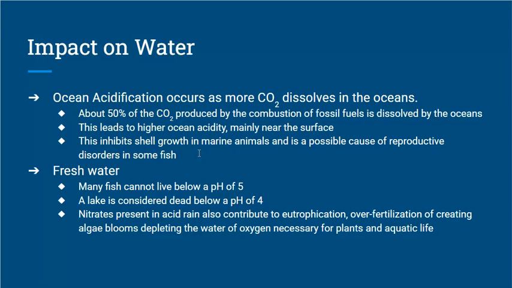And when these algae blooms come, they kind of cover the surface of the water, so sunlight isn't allowed to get through, and the plants and the aquatic life just aren't able to grow anymore. So this is a problem due to acid rain, but also due to the nitrates. And we talked about fertilizers and things when we talked about the Haber-Bosch process. So acid rain, acid deposition, where it comes from, and how it impacts our water sources.